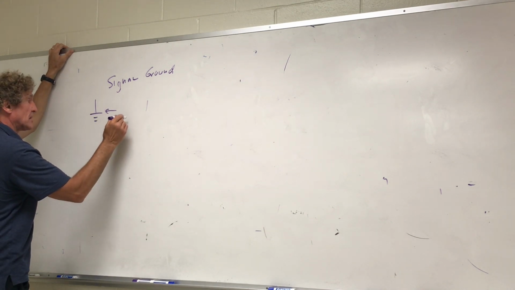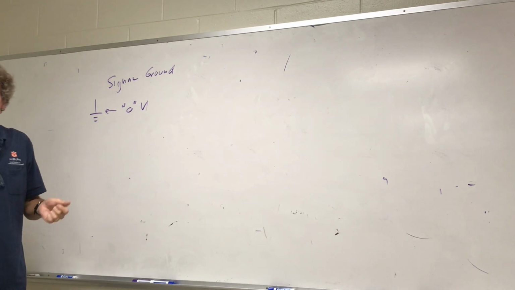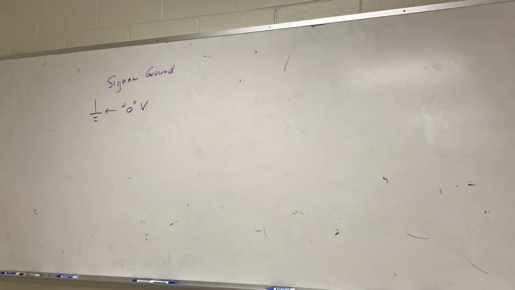That's the symbol for ground, and it technically means 0 volts with respect to measurements. Typically, if you have a meter, you would put the negative lead there, that would be the ground, and as you go around and measure points in the circuit, all voltages are with respect to the ground. That's a signal ground. It's the first thing you should have seen. You should be familiar with that symbol. It's just 3 little dashes that are progressively shorter.